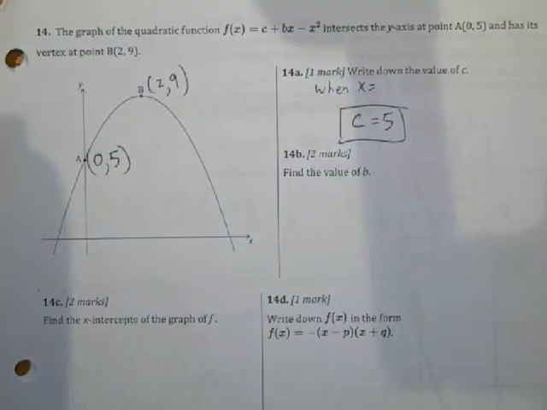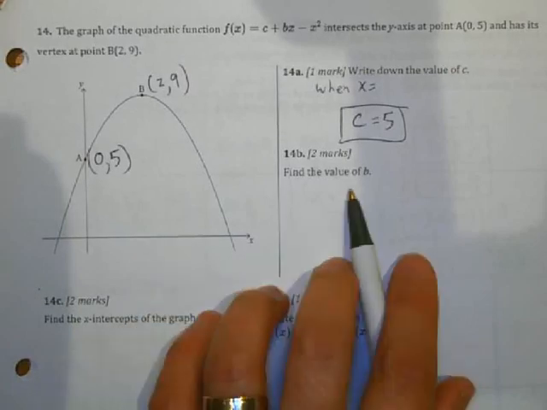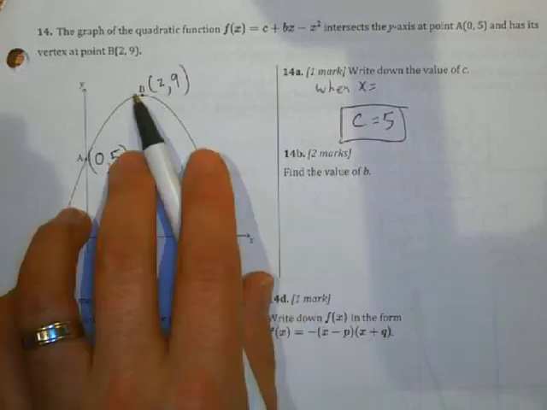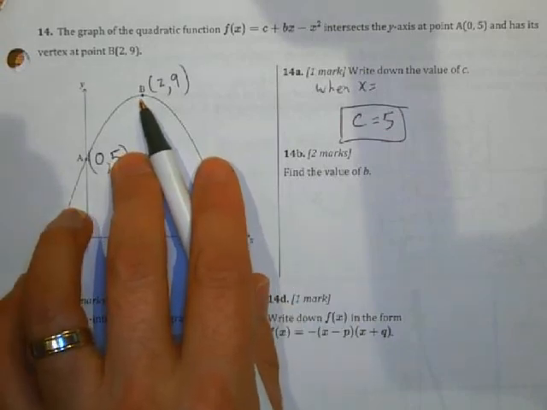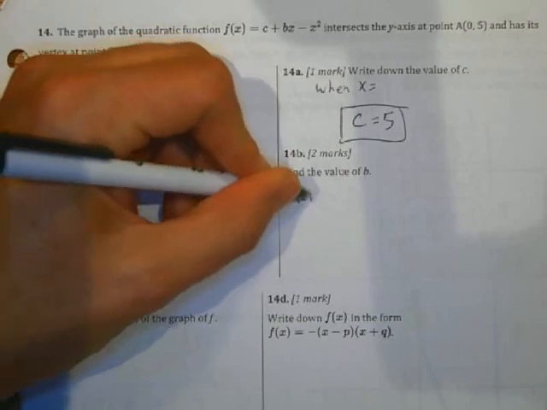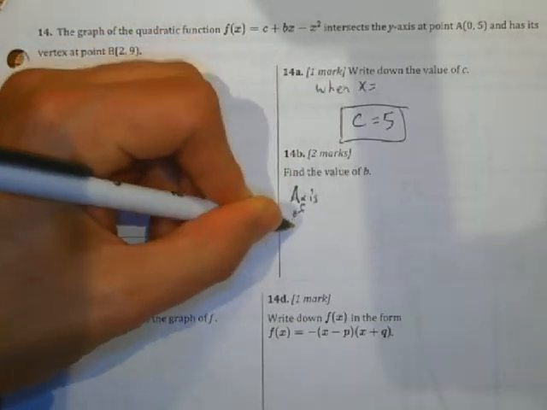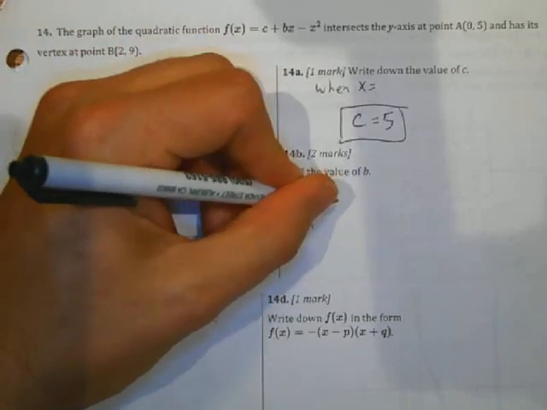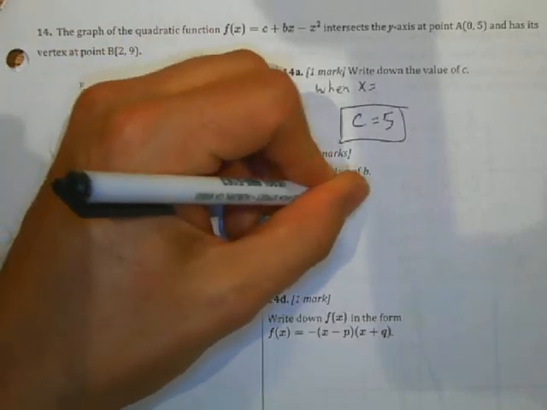Okay, so to find the value of B, we can use the axis of symmetry here. The axis of symmetry happens when x equals negative b over 2a.